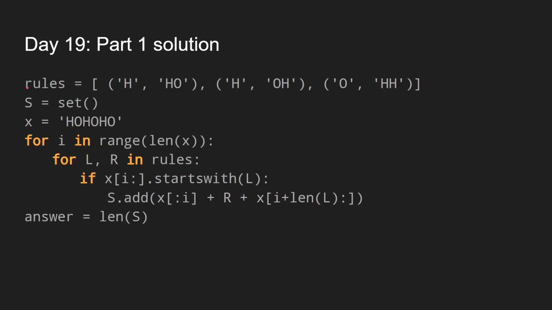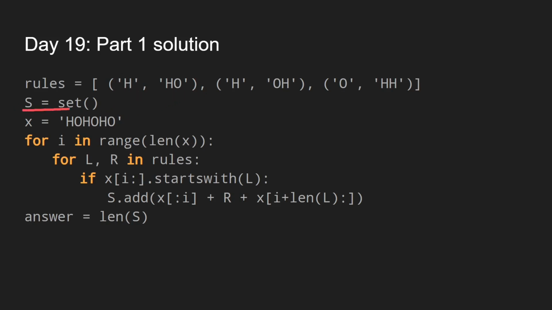My solution to this first part is that I first parse the rules into a list that looks like this. So here we have a list of tuples. Every tuple contains the left-hand side of the rule, which is one token, in this case one character, and the right-hand side that we will replace the left-hand side with.